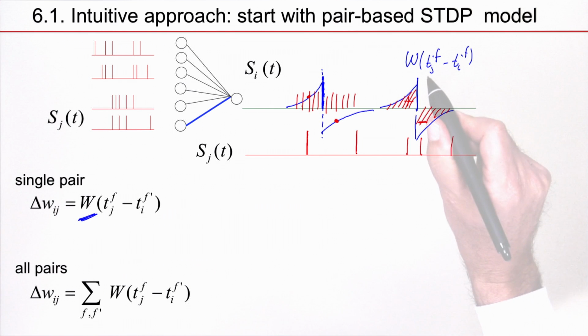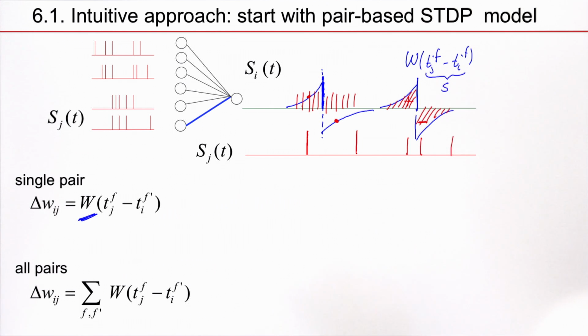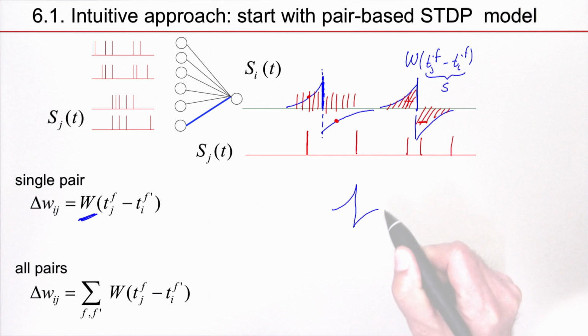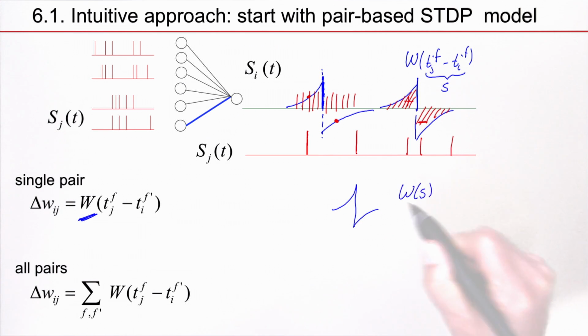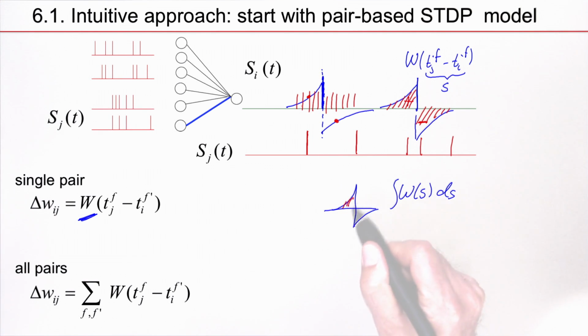Let's call this timing difference s. What drives it upwards or downwards is the integral of W(s) ds, which corresponds to the positive surface minus the negative surface.